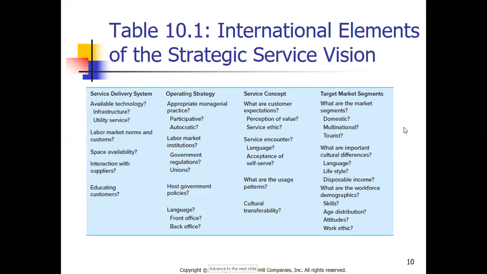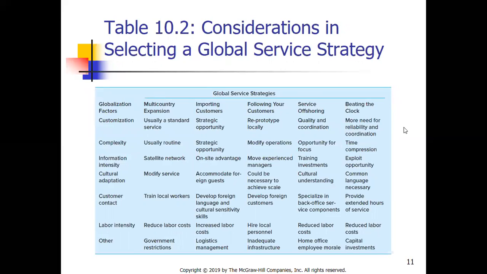Due to that, you can also consider selecting a global service strategy. Here we have basically several strategies that can be used: multi-country expansion, importing customer, following your customer, service offshoring, and beating the clock.